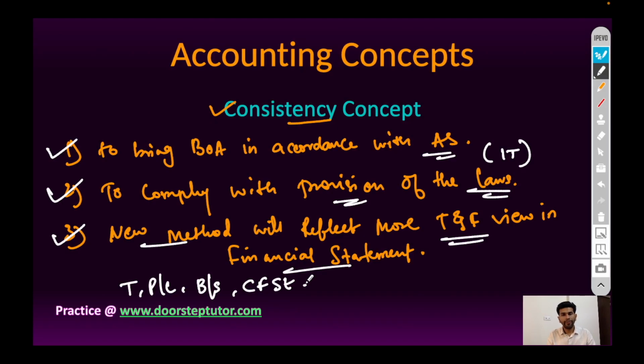So if a new method of applying the accounting system reflects a more true and fair view in financial statements, then the business can change the accounting policy. Otherwise, the method of charging depreciation or following any accounting policy will have to continue and be consistent over a period of time.